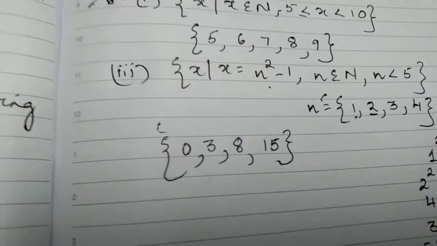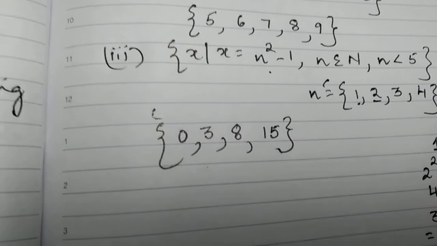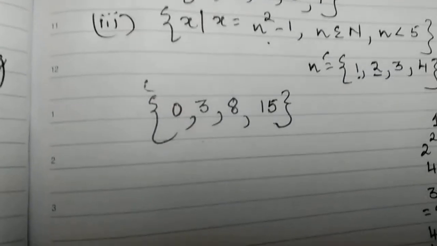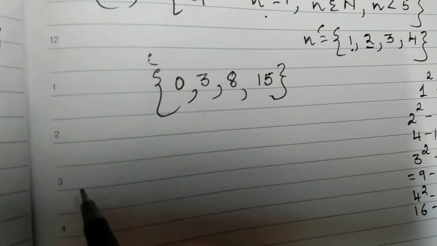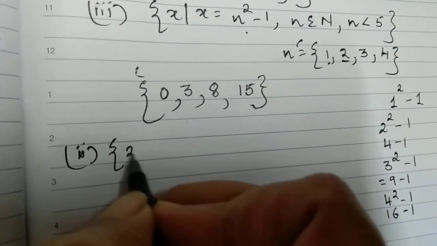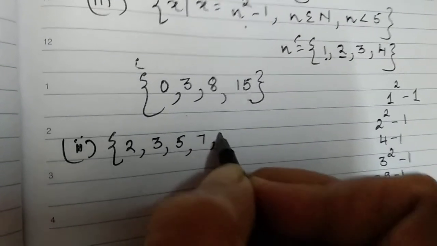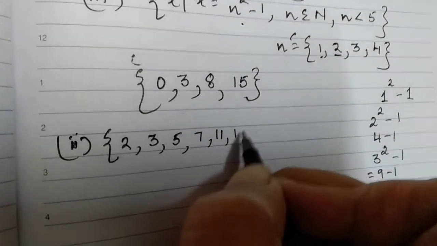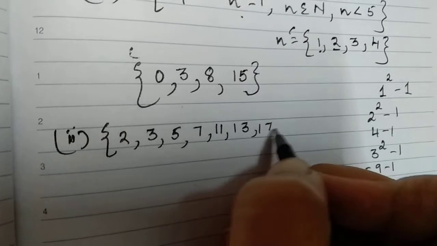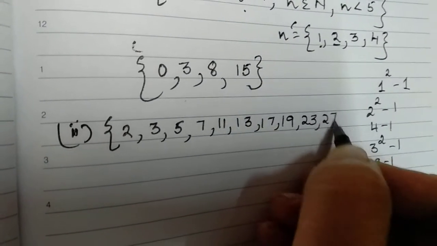Okay. Question number 7. Write the following set in set builder notation. So if I have to write it in set builder notation, the second one, 2, 3, 5, 7, 11, 13, 17, 19, 23, 27.